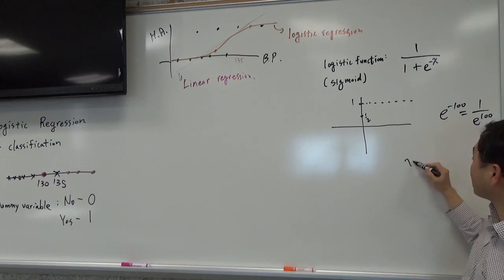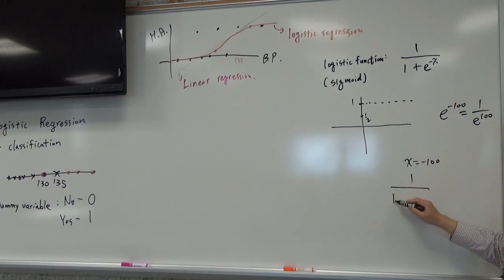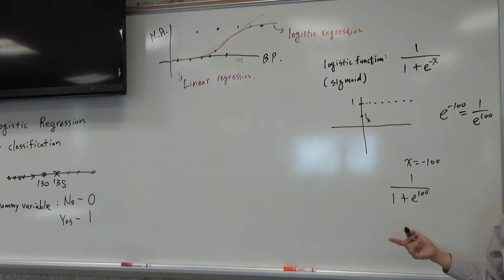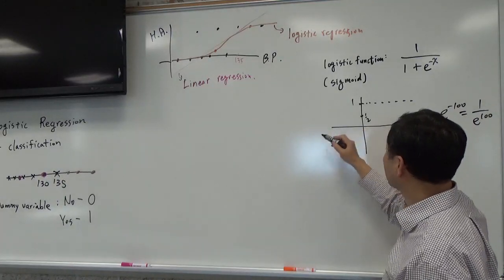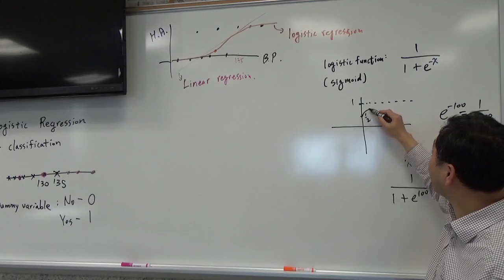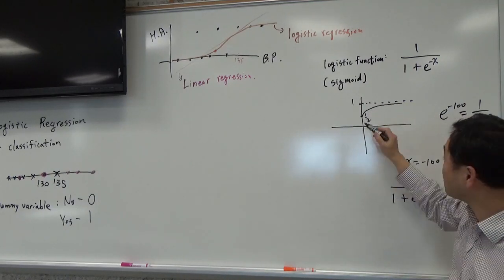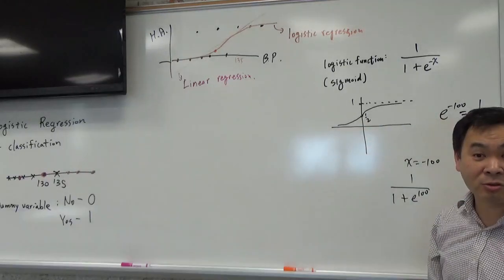So for example, if x is negative 100, then this will evaluate to 1 plus e to the positive 100, and this is a humongous value. So if you divide 1 by a very large value, you get a value close to 0, right? So that explains why as you move to the right, it gets closer and closer to 1, whereas if you move to the left, when x is negative, it gets closer and closer to 0.